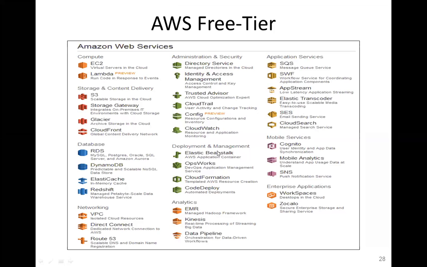Next is Elastic Beanstalk, related to development and management. CloudFormation, operational development applications management service. CodeDeploy service is automated deployment of the code. Next is mobile services, Cognito. We know what is Cognito. Can anybody tell me this? What is this service, Cognito, in the mobile?